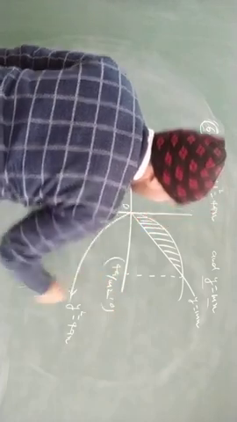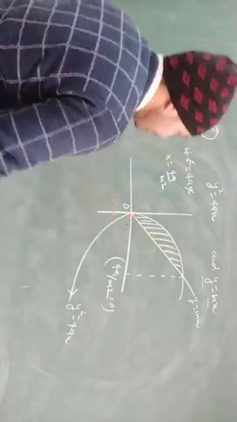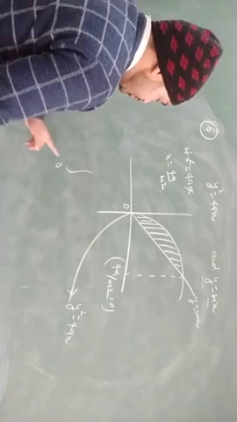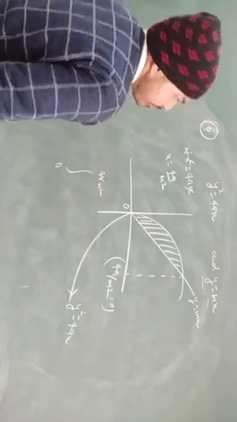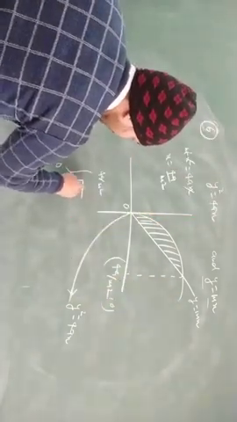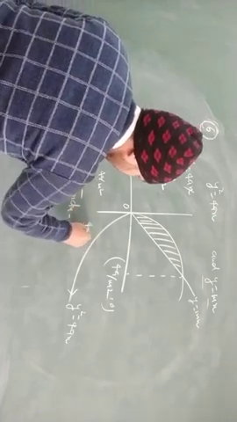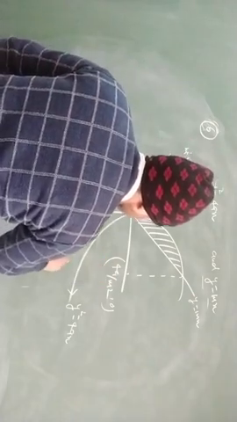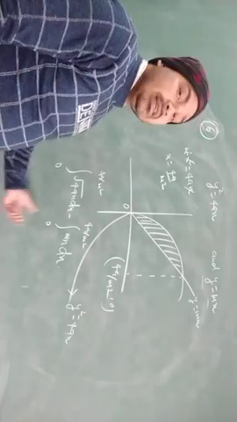Now to find the region with the help of integral, I am going to take the limit 0 to 4a by m square. The upper curve gives the integral of root 4ax dx, minus the integral over 0 to 4a by m square of the line mx dx. After solving this, we get our final result.